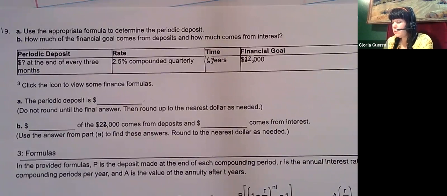So this is the one where you are going to have to round up. You're going to round the deposit made at the end of each compounding period up to not fall short of your goal. So that's important.